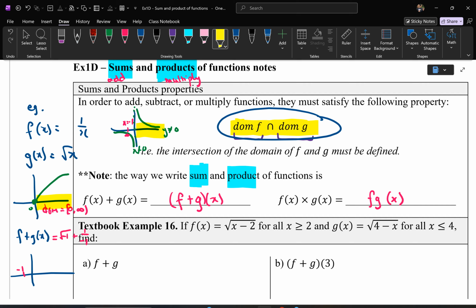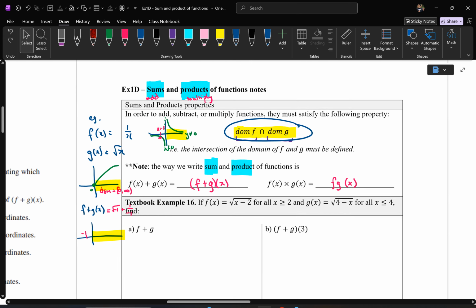So as long as I choose any number bigger than 0, not including 0, that's when I can get a graph. This definition is saying that both of them have to have the same x values that work, so that you can add the two y values. Same thing with times: you can times the two y values together.